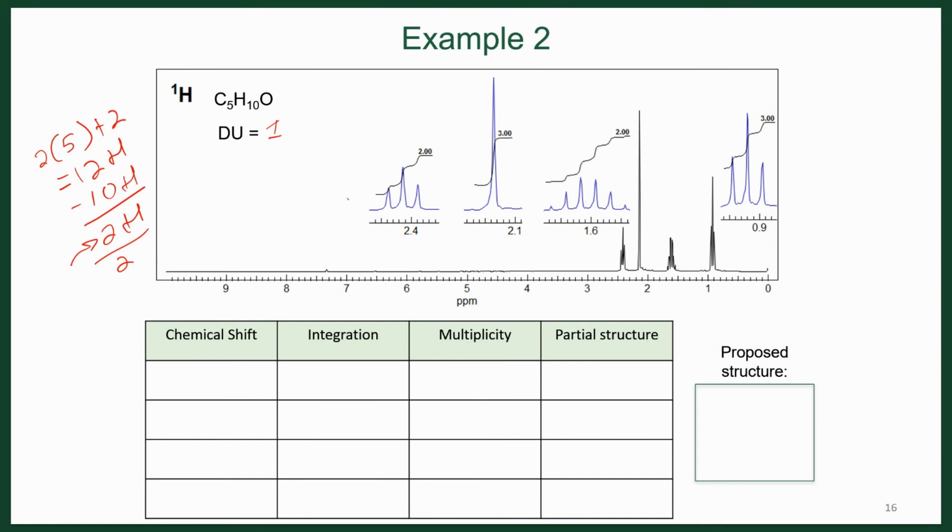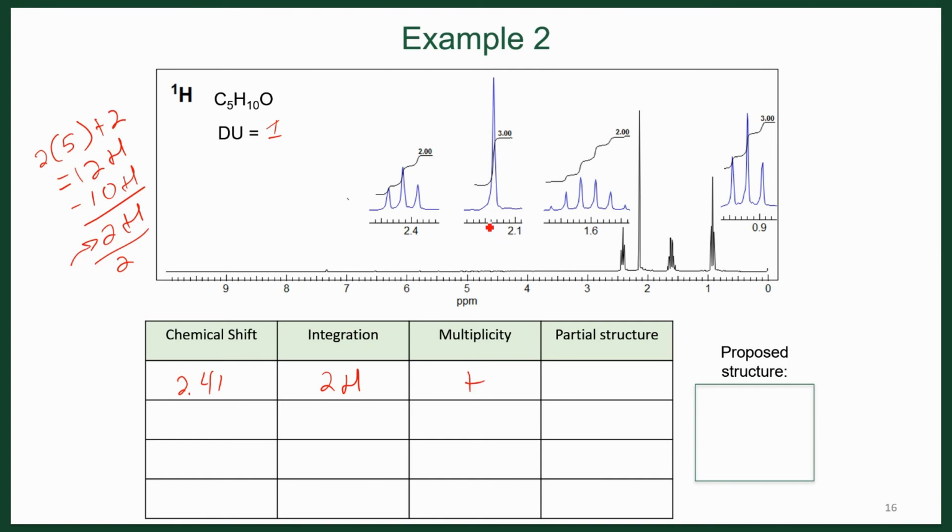All right. So let's go through here and let's fill in our chemical shift information. So we have a signal around 2.41, and that integrates for 2 hydrogens, and we're going to call that a triplet.